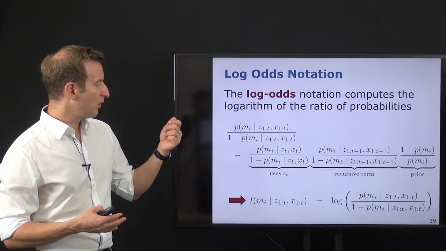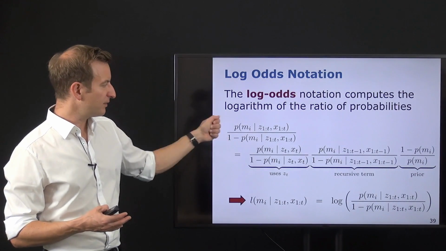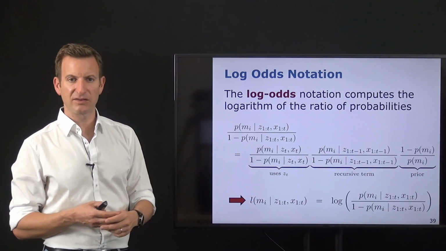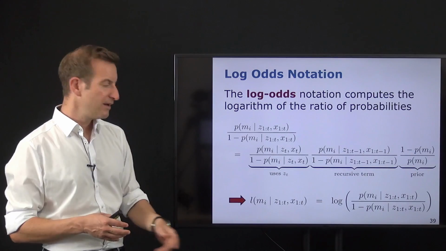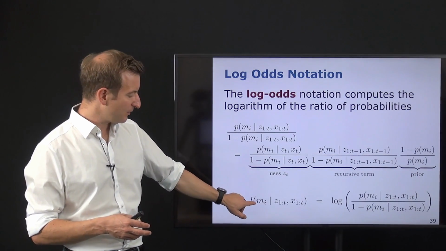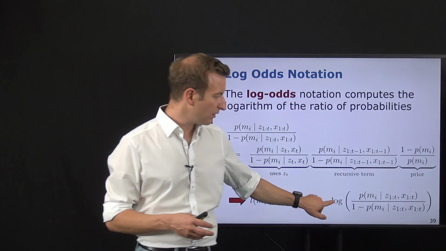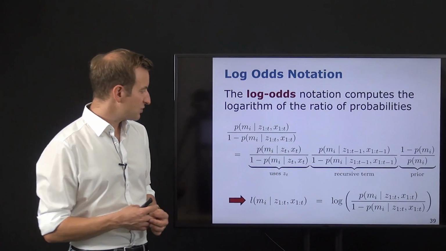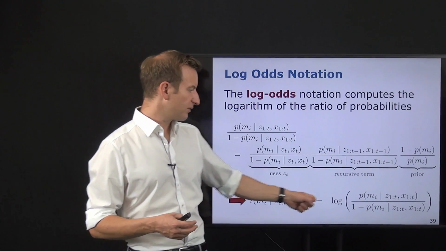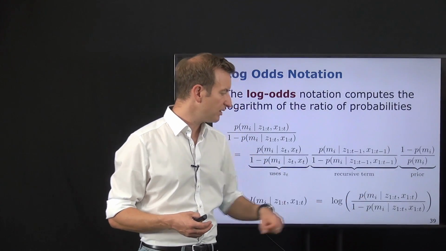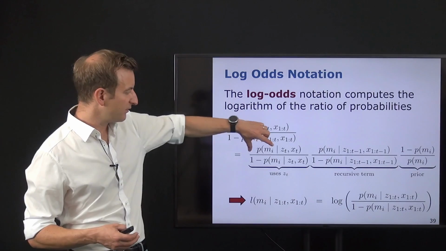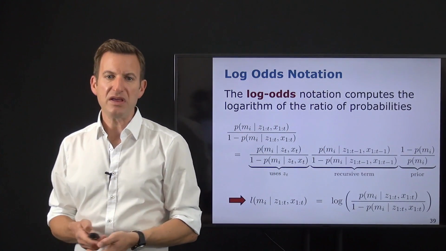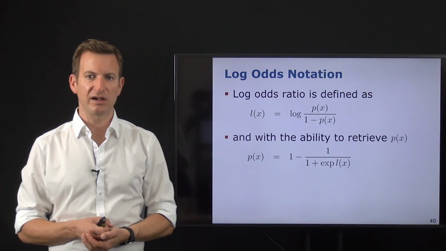If we now go into this odds space first and then compute the logarithm of both sides, the logarithm on that side and the logarithm on that side, so just take the logarithm of both sides, I will refer to this as L of the variable, which is the log of the odds, therefore also called log odds. The advantage is, first, in the log odds I have this ratio already encoded, and taking the logarithm turns this product into a sum. So basically I just have 3 sums that I need to execute, which makes this algorithm so fast.